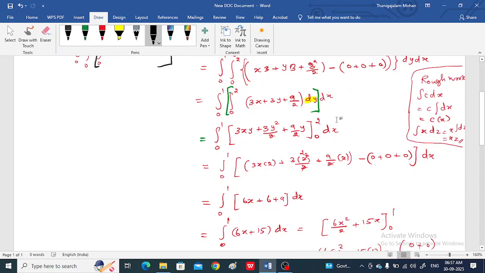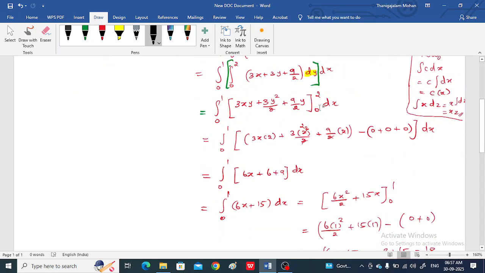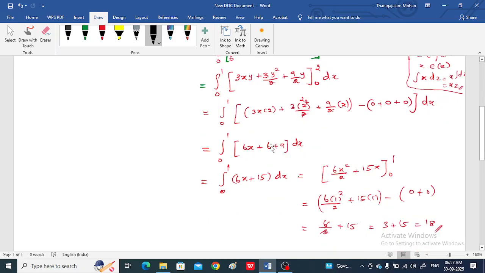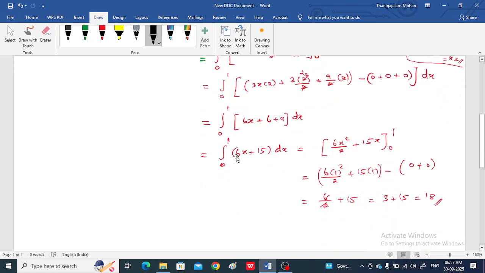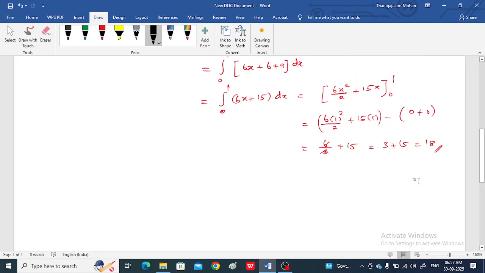Again substitute the upper and lower values and simplify, and finally integrate with respect to x and substitute the upper and lower limits, you will get the final answer. That's it. Thank you.